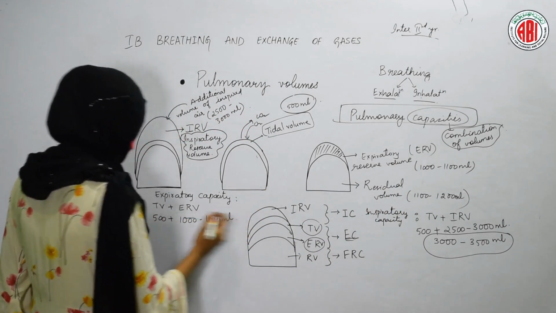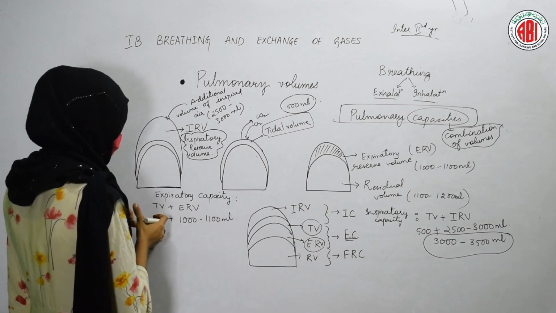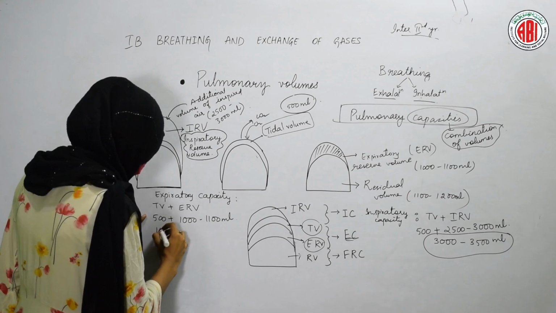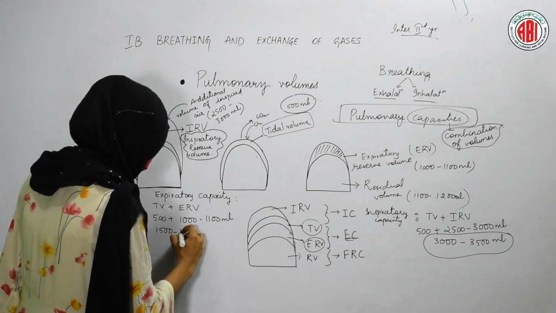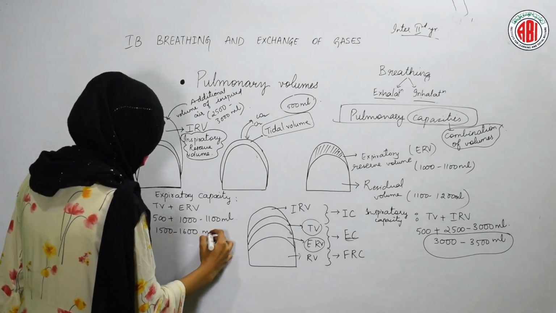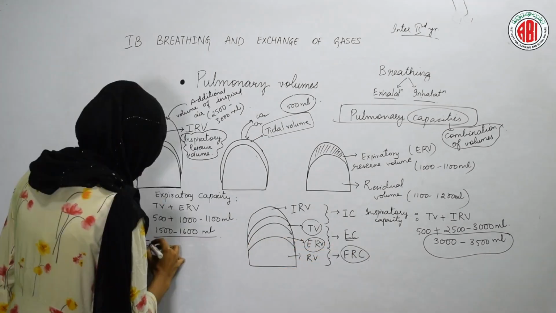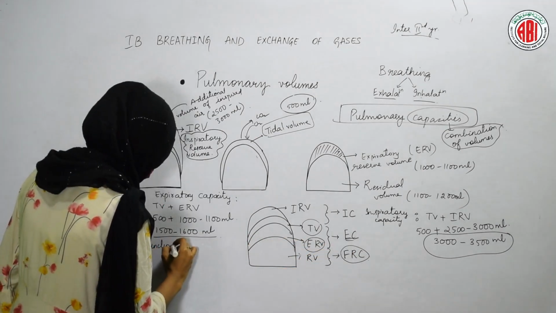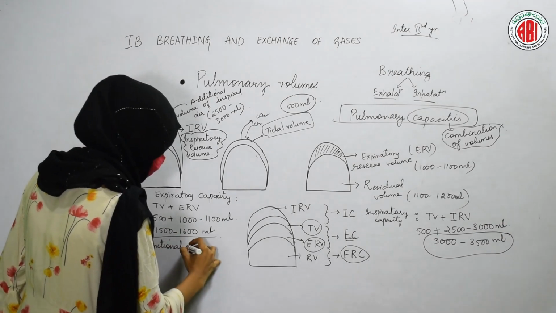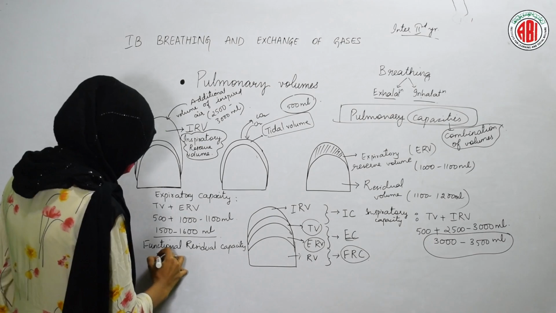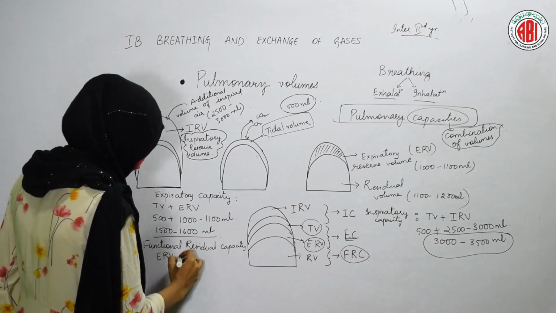If we add up these volumes of air, then it gives the expiratory capacity of a lung. So it will be 1500 to 1600 ml.